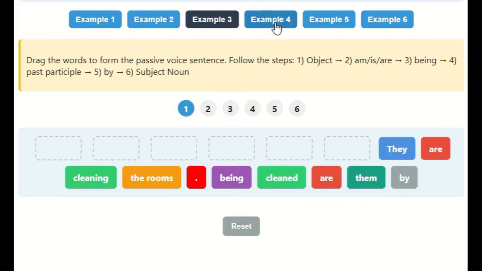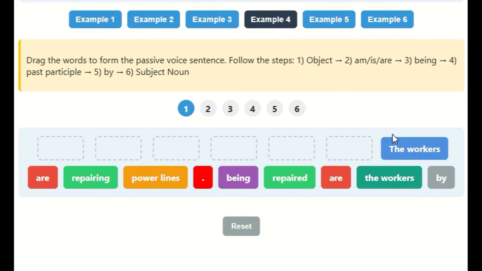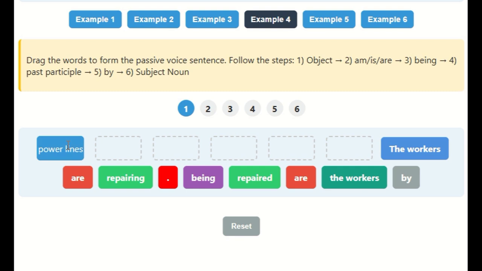Now look at this example. The workers are repairing power lines. Here both subject and object are plural nouns. We'll start making it to passive. First the object, which is the power lines. Then helping verb are.